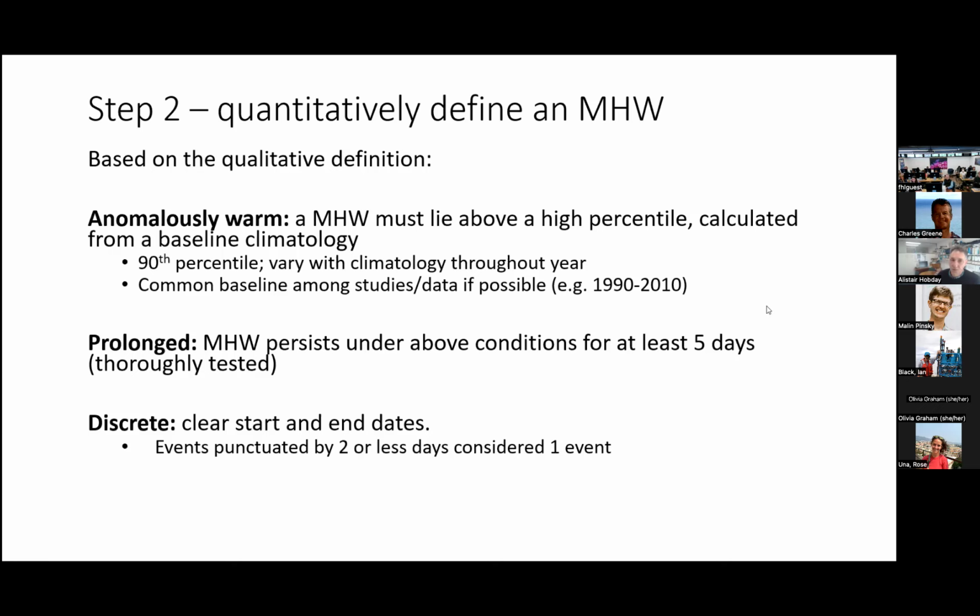But because we're defining marine heat waves on a statistical basis, you need to have enough data to describe what's unusually hot and what's normal. And so a 90th percentile cutoff gives you enough data to robustly define a threshold. It should have a common baseline, for example, a 30-year baseline or a 20-year baseline, if possible.